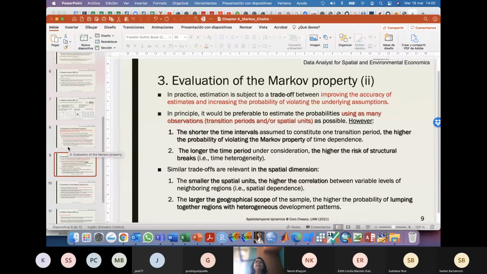Sometimes you say, well, I am using countries because I don't have regions. Or I'm using census tracts; with census tracts, you can add up, sum or compute averages in order to get larger spatial units.